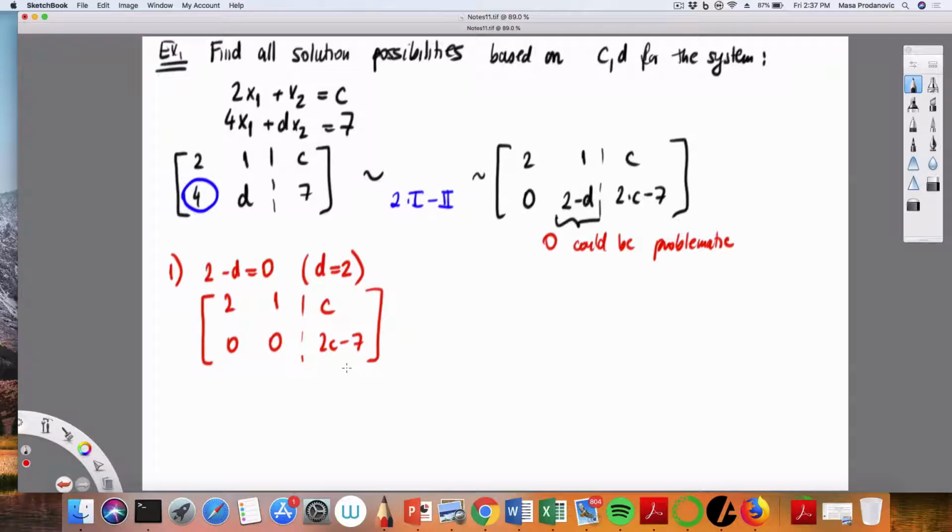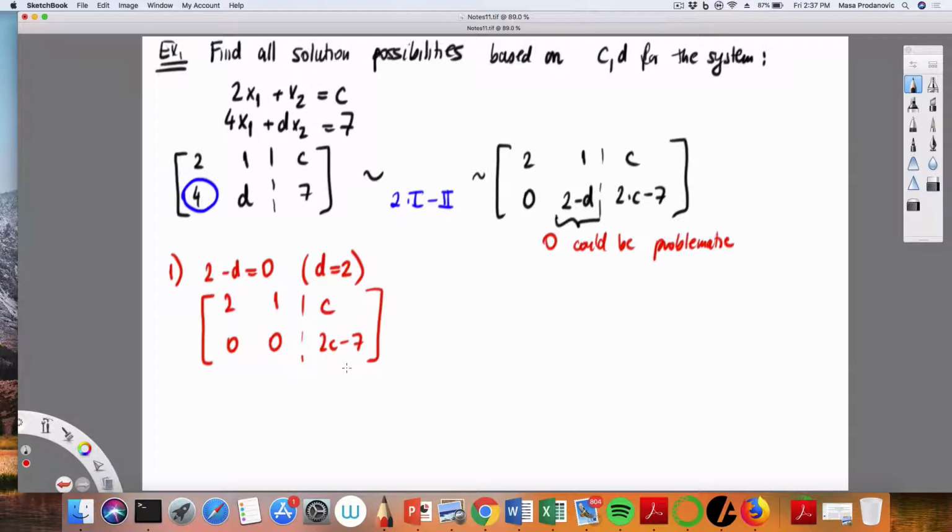When I do 0 times x1 plus 0 times x2, I have to get 0. So this has to be 0 to actually have a solution. So if C is different from 7 over 2, I don't have a solution.